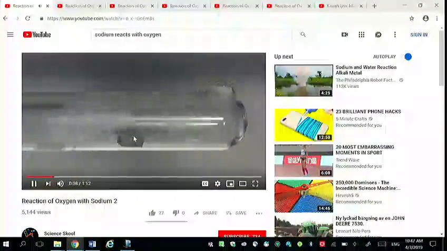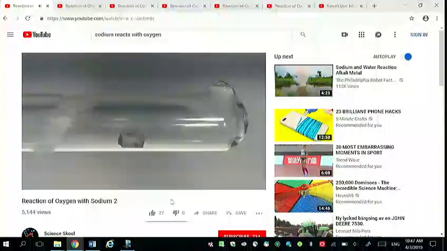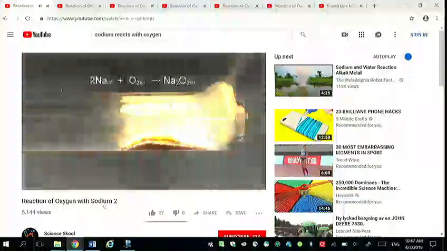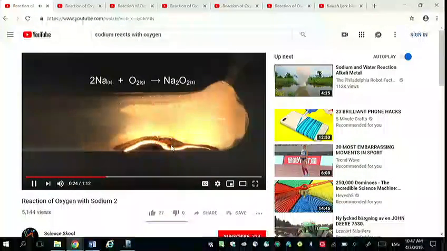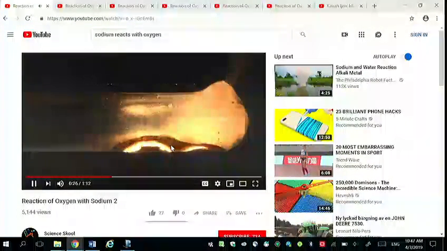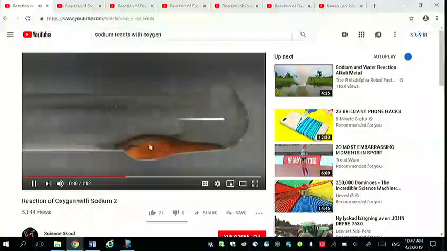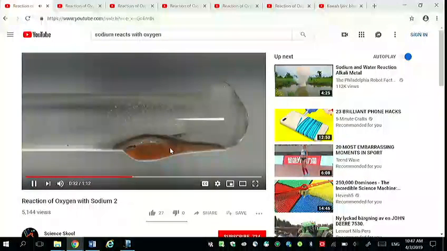This is your sodium, I'm heating it up. This would be the intense yellow flame. Then what is left behind will be a white ionic solid of sodium oxide.